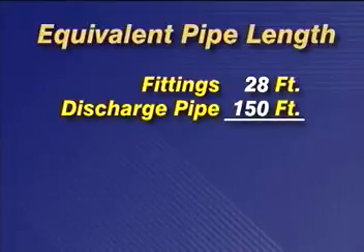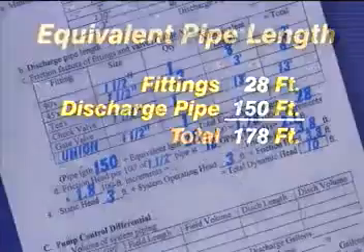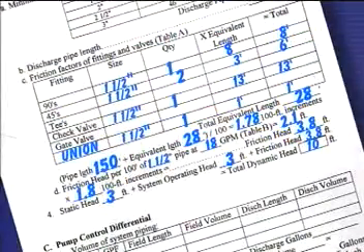Add this to the 150 feet of actual measured pipe length, and we have a total of 178 feet, or again, rounding up to the nearest 10 feet, 180 feet of pipe for calculating friction loss. Since our table for friction loss is stated in 100-foot lengths of pipe, our 180 feet equals 1.8 100-foot lengths.